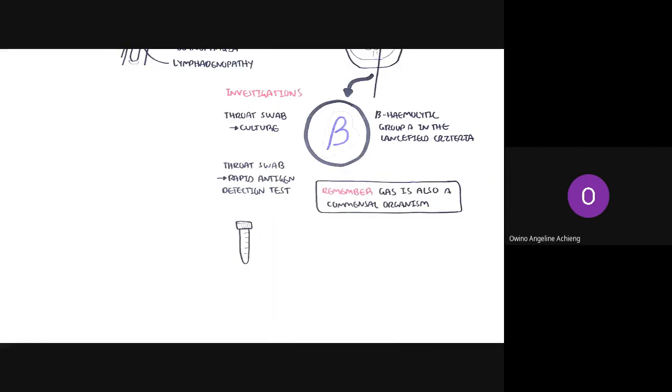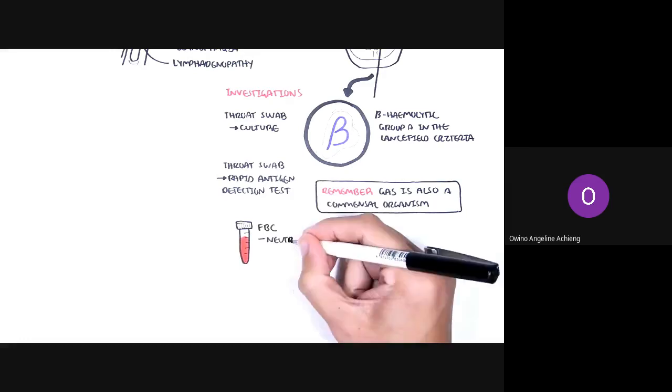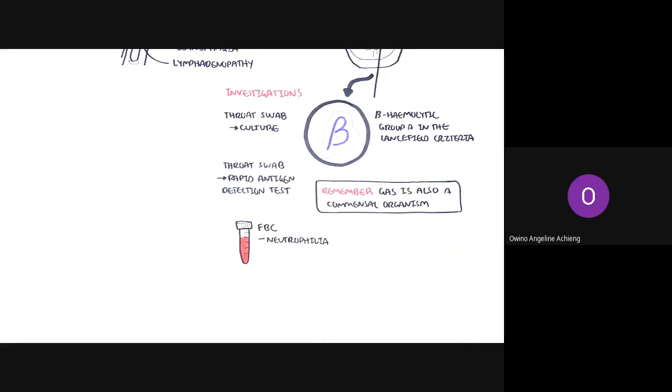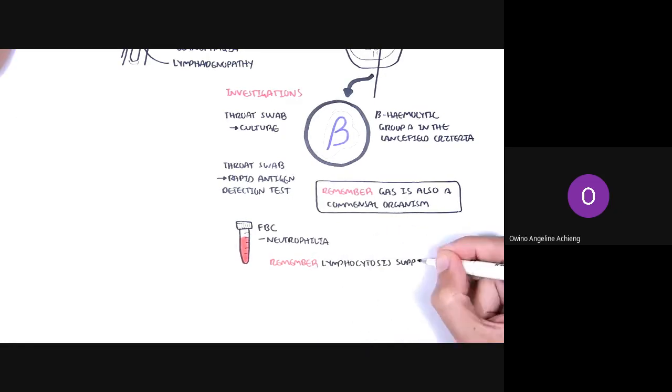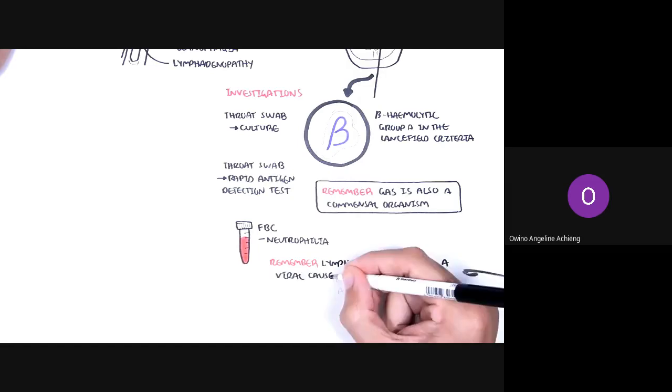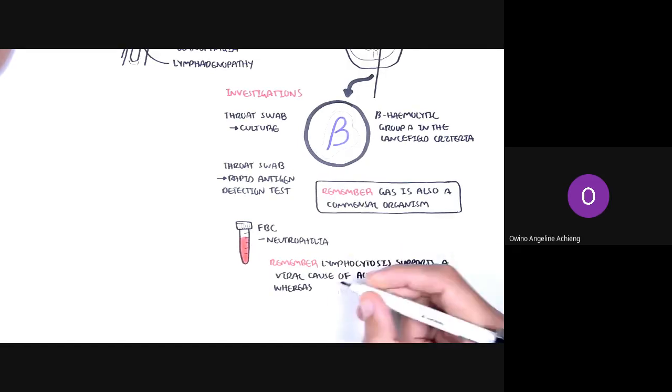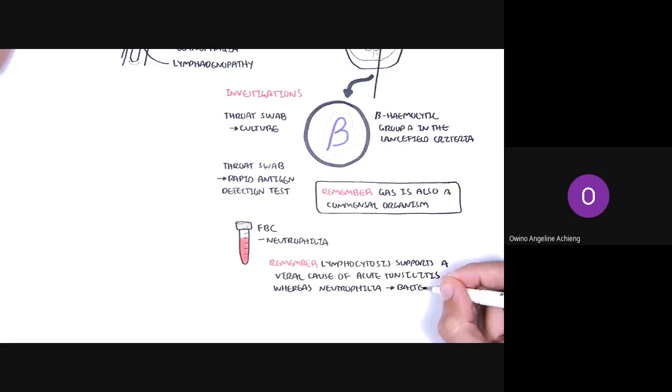Other investigations include a full blood count, which will show neutrophilia, high neutrophils. It's an important concept to remember to help differentiate viral and bacterial tonsillitis. Remember, lymphocytosis supports a viral cause of acute tonsillitis, whereas neutrophilia supports more of a bacterial cause.